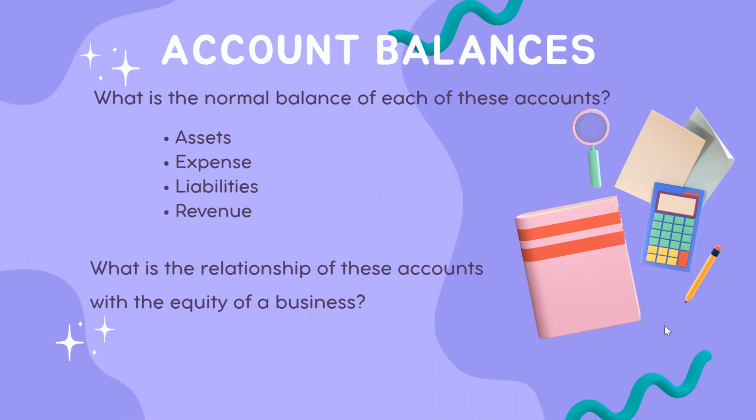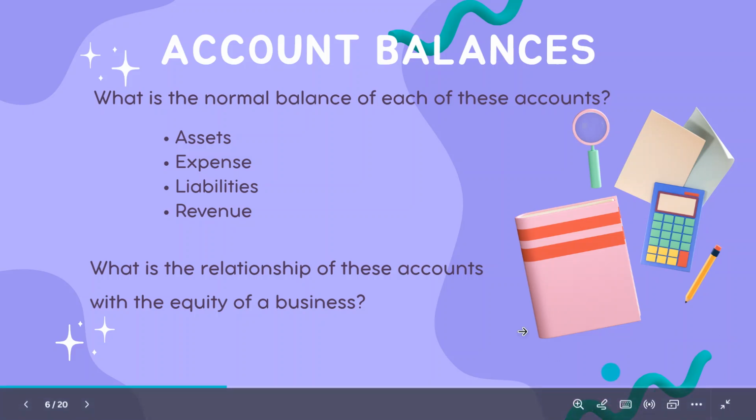Account balances. What's the normal balance of each of these accounts? Asset, expense, liabilities, revenue. Asset, what you own. Liabilities, what you owe. Assets minus what you owe, assets minus liabilities equals the value of your company, which is the equity, right?